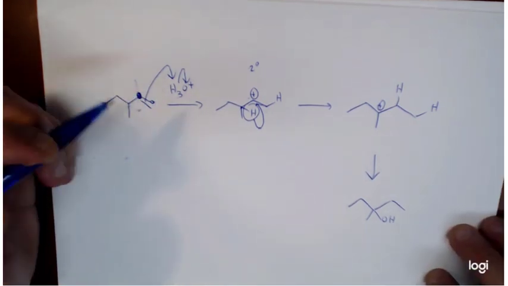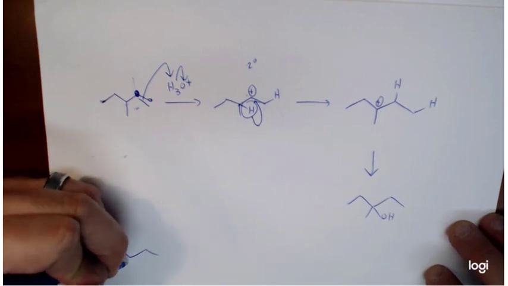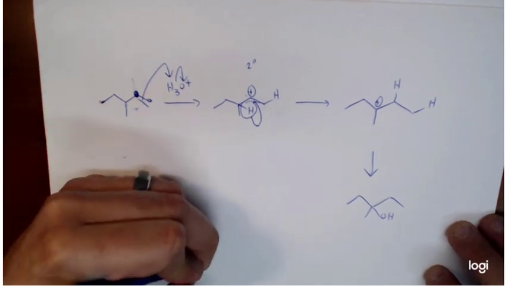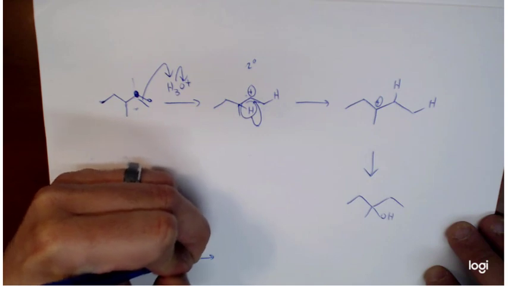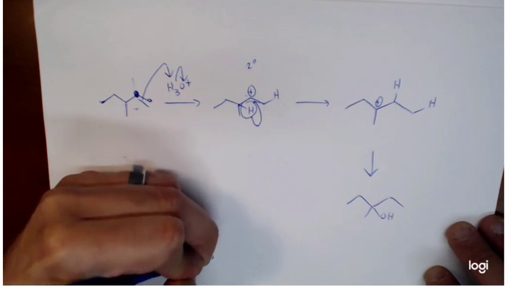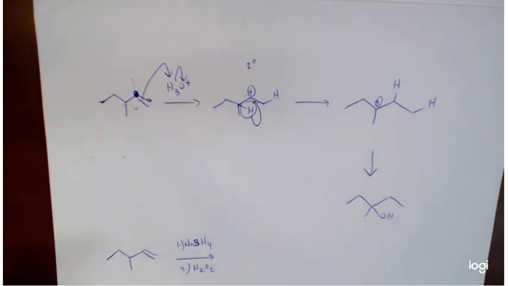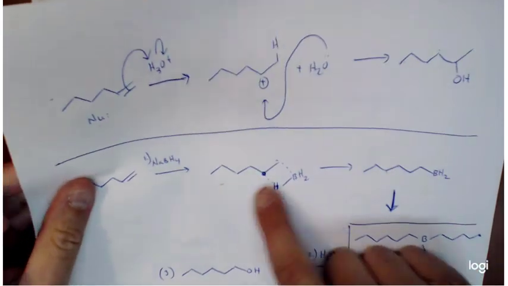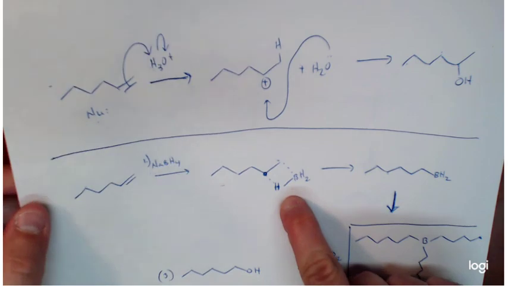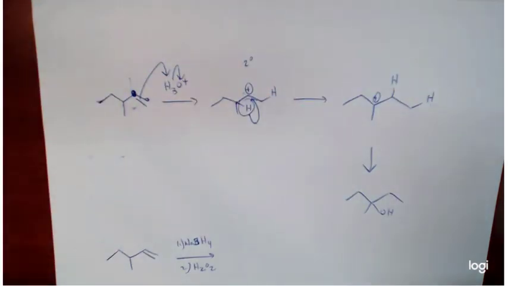Now, vice versa, if I looked at this same alkene and tried to use my sodium borohydride and peroxide, I don't have to worry. What I saw from before is I do not create a carbocation. So since I don't create a carbocation, it's okay.